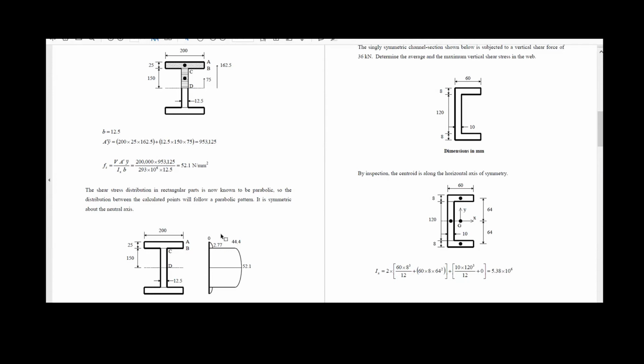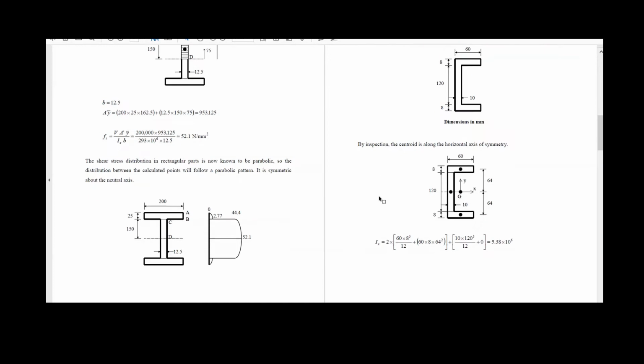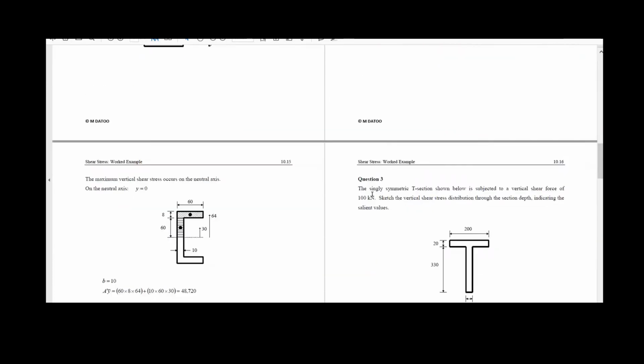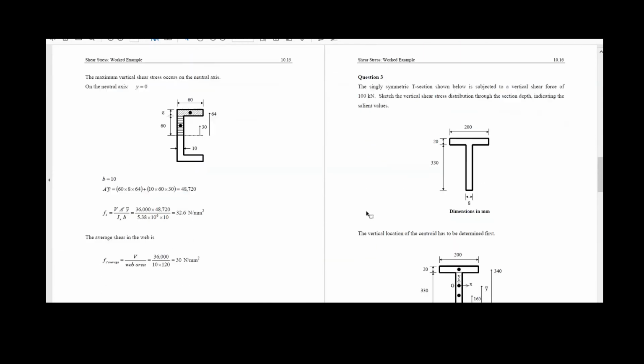In terms of the shape of the distribution of the shear stresses, the C section is exactly the same as the I section, because you have the sudden change in the width from 60 to 10 in this case, and you will get a shape like this one for the I section as well as for the C section. So there are not many changes, so I don't need to go into details.